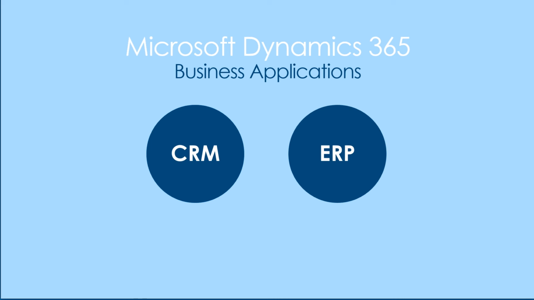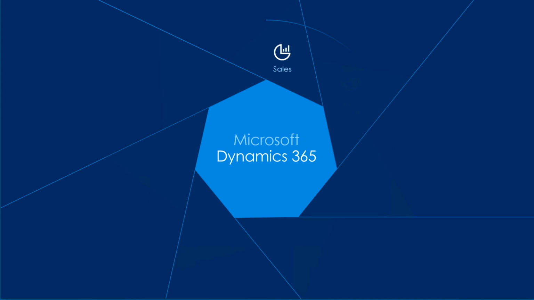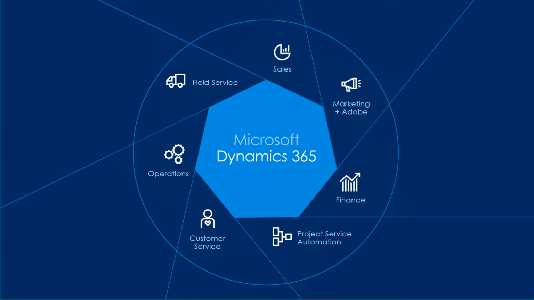All the apps will bring together the best of all Microsoft ambitions across ERP and CRM. And ultimately this is converted into individual applications, such as sales, marketing, finance, project service, customer service, operations, and field service.